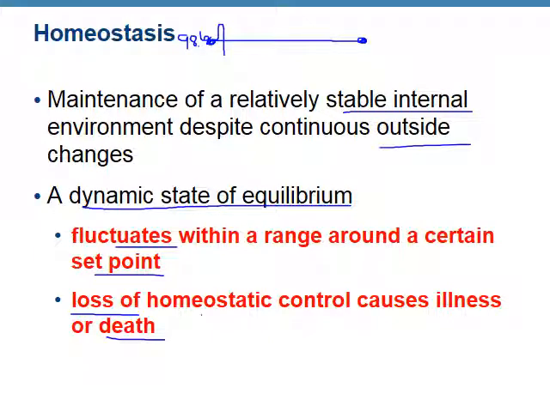Maybe your body temperature will drop below 98.6. And then you will adjust your internal thermostat back to this set point. They call this a dynamic state of equilibrium because you can go above and below the set point, yes, but your body's always trying to return you to this set point.